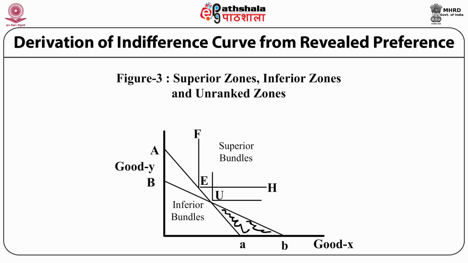The theory enables us to draw the indifference curve of the consumer from his behavior or choice for different bundles of commodities at various market prices, provided certain conditions are fulfilled. These conditions are: his choice is consistent, his tastes do not change frequently, and the consumer prefers more goods to less.